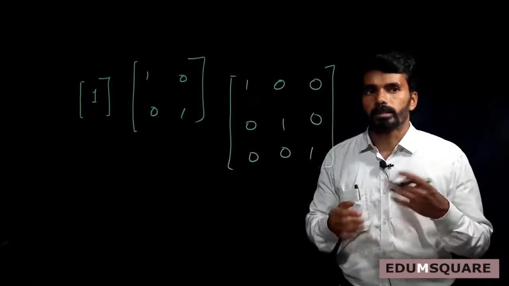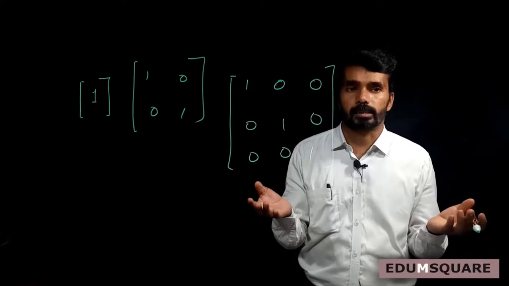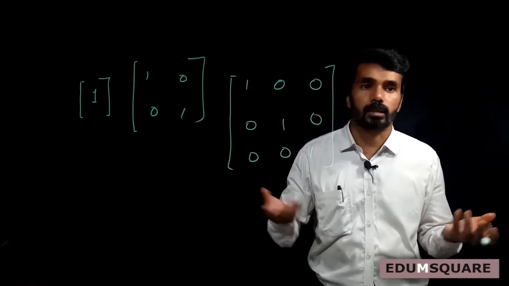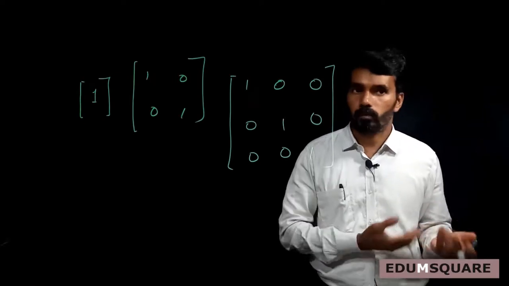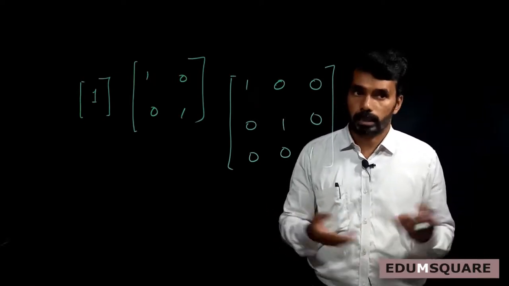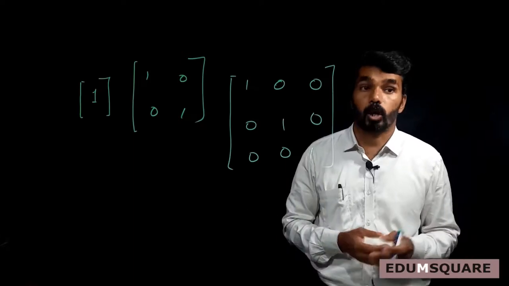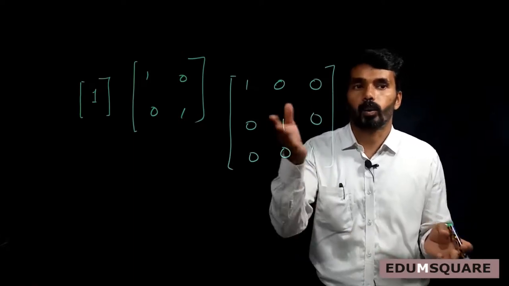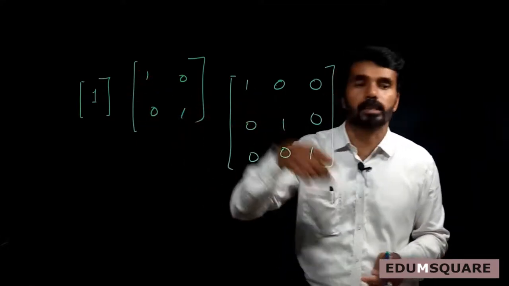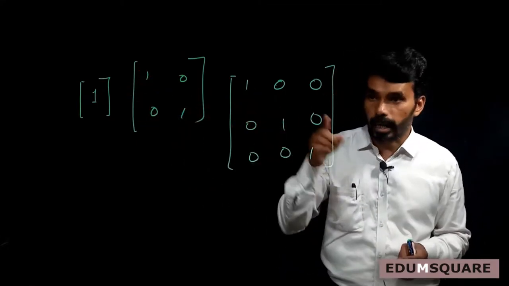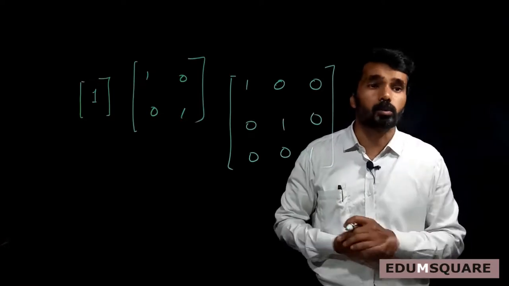Now see, in the case of scalar matrices, the diagonal elements may be 1 1 1 or 2 2 2, 3 3 3, etc. No need to be only 1 1 1. But here in all the three matrices, the diagonal elements are equal to 1.